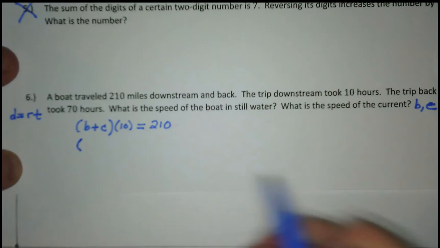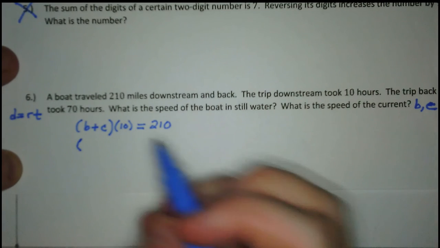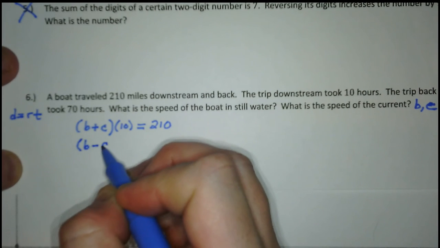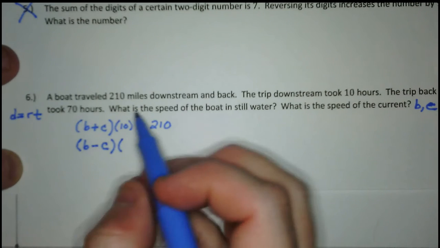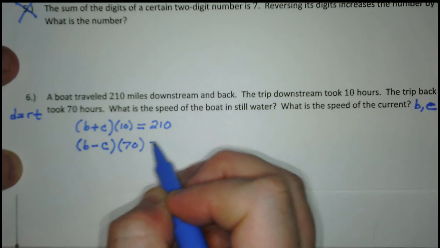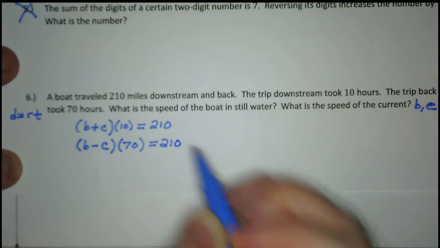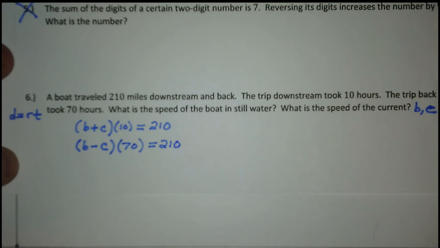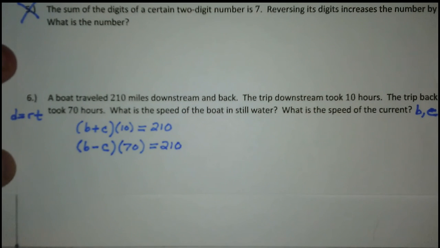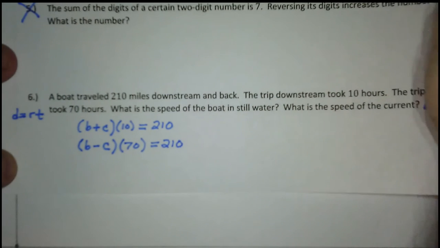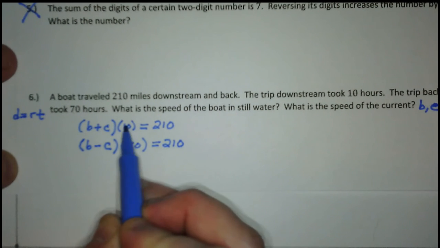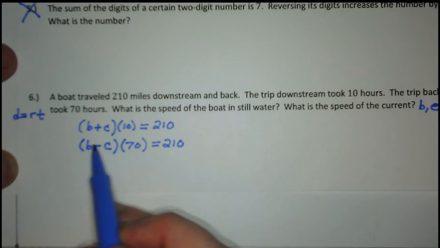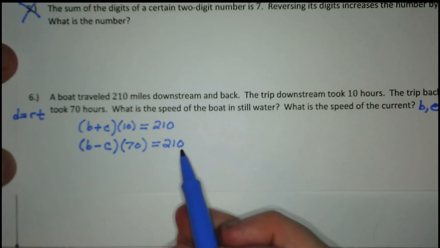So the rate when we were going against the current would have been B minus C, multiplied by 70, because now the time was 70, and that was going to end up with the same distance. Whether you're going downstream or upstream, it's the same distance. We went 210 miles downstream and then 210 miles upstream, right? So you see, rate times time equals distance.